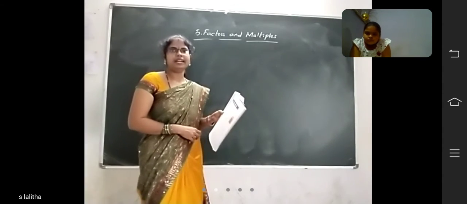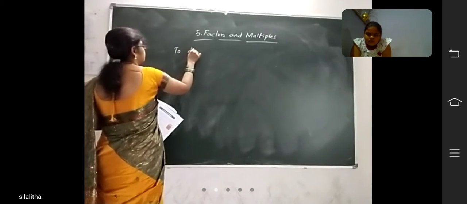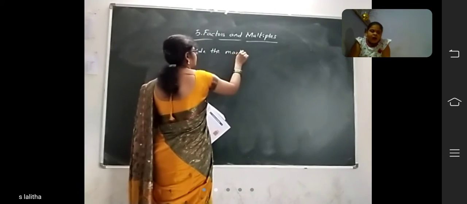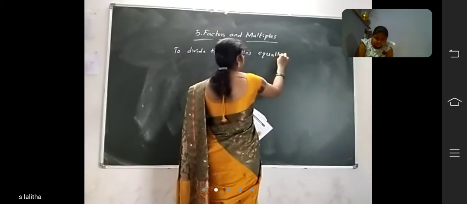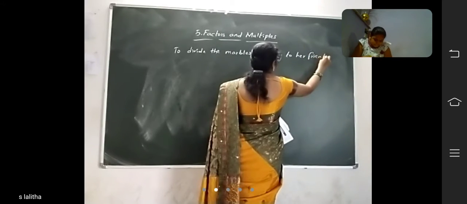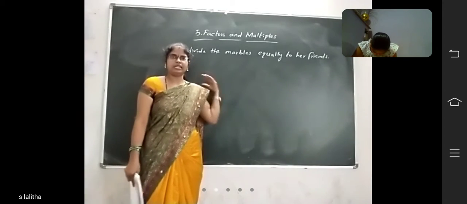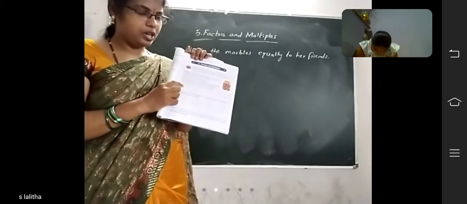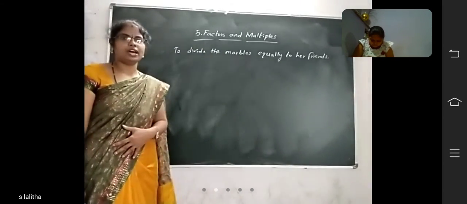To divide the marbles equally to her friends. Write down here. Here 2 lines are given, so you should write first 2 lines. To divide the marbles equally to her friends.